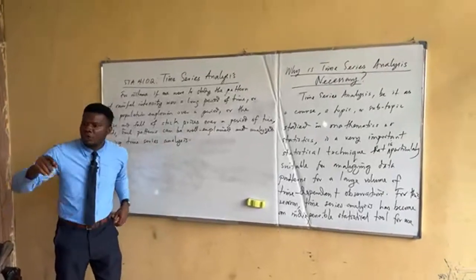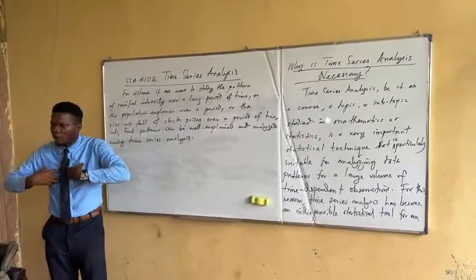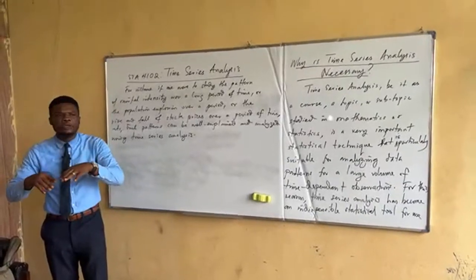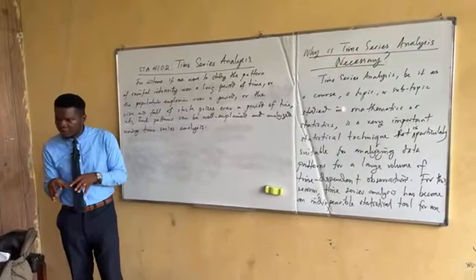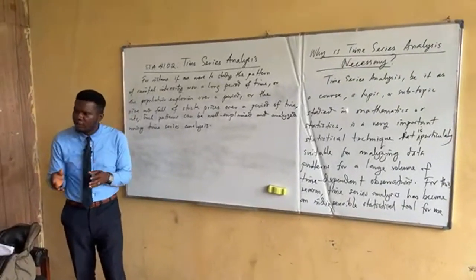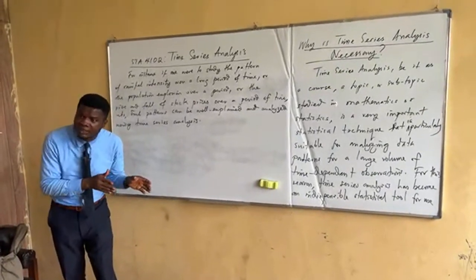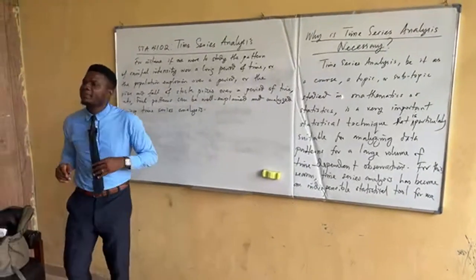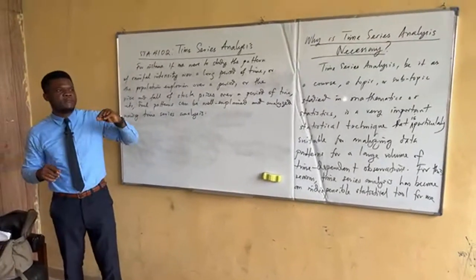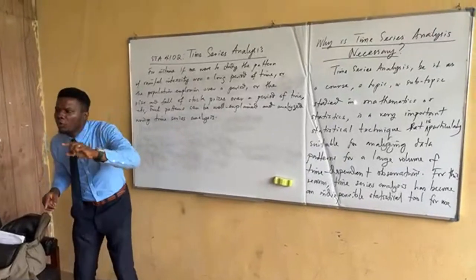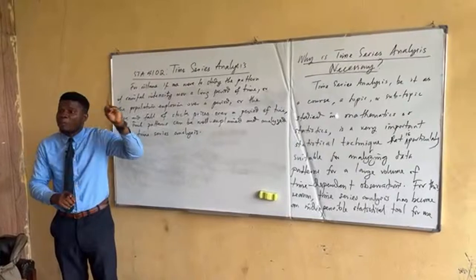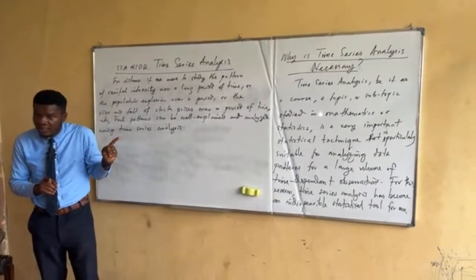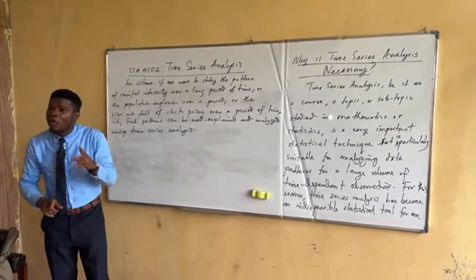When students come with a project topic, one of the most lovely areas to write a project on is time series. If a student in final year picks a project that someone has done previously in time series with the same data, only that the year has changed, you won't be wrong.